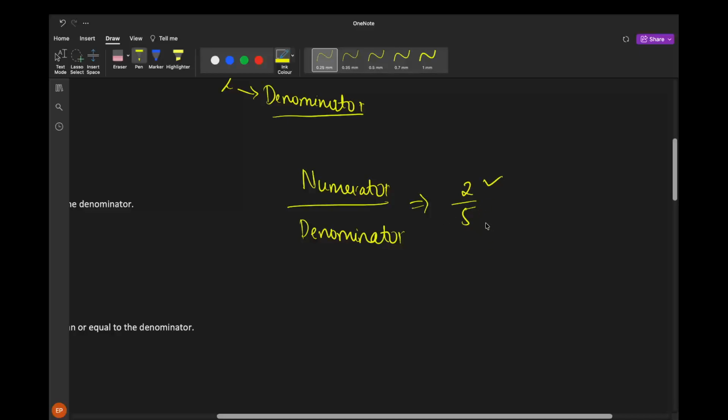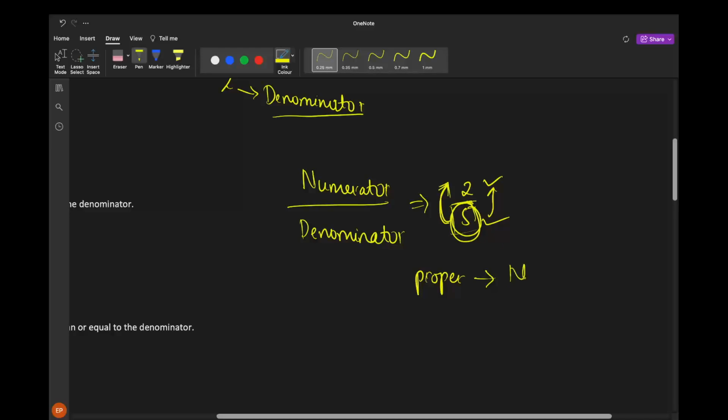Proper fraction means we have to take fewer parts than the denominator. We divided into 5 equal parts, so we have to take less than 5.